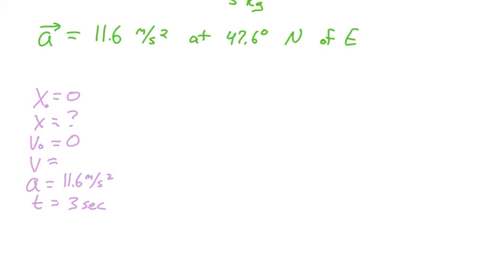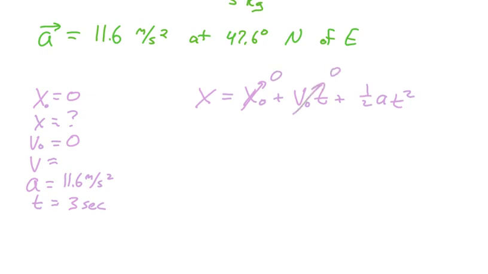It starts from rest. We don't know what speed it's going to get to, but in that direction that I'm looking at, I know the acceleration is 11.6 meters per second squared, and I know how much time it's traveling for. I'm looking for the final position. So the equation that makes sense to solve for this one is the x equals x naught plus v naught t plus 1/2 at squared equation, where x naught is 0 and v naught is 0.